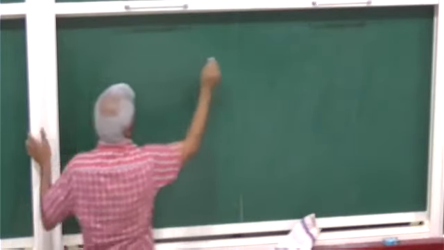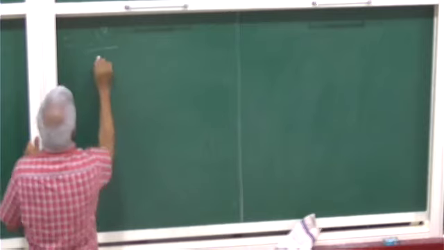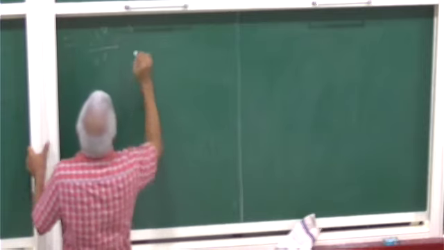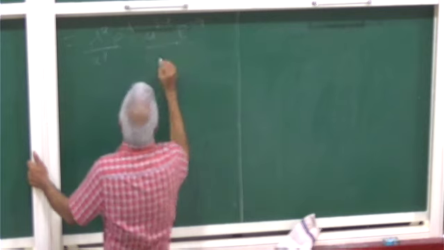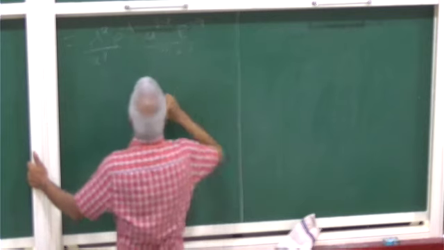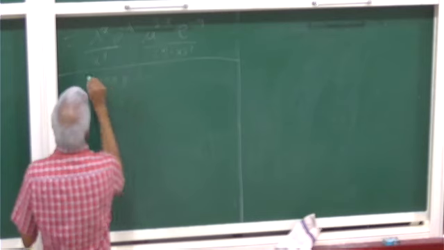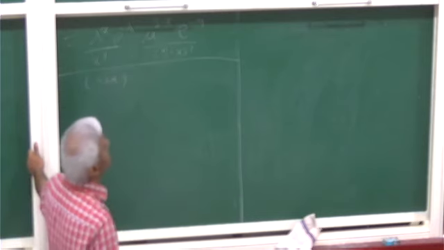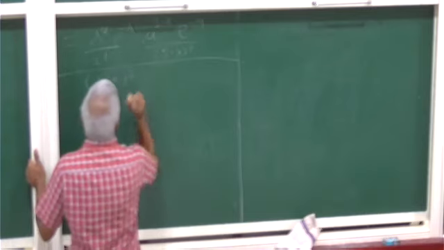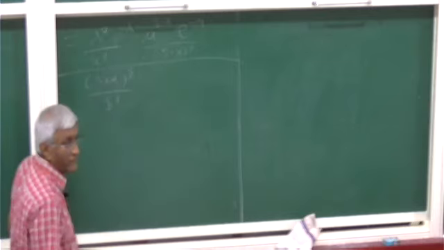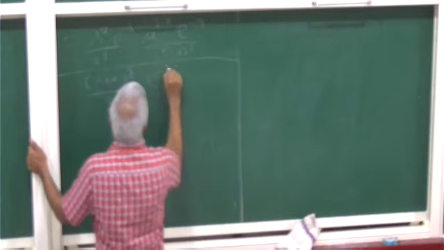Then the whole thing is divided by lambda plus mu power z divided by z factorial, times e power minus lambda plus mu.